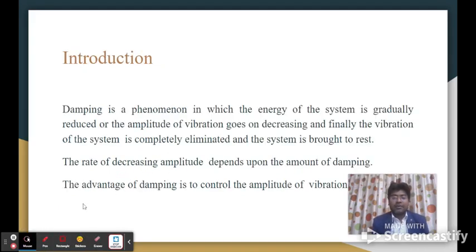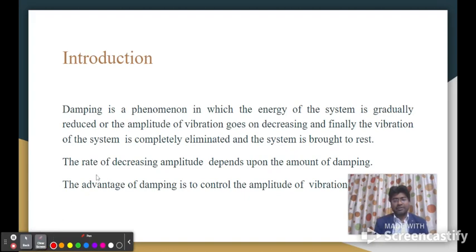Now, introduction. As we have discussed previously, what is vibration? We have discussed it in the previous lectures. In that, I have just given a hint about damping. Anything which opposes the motion is known as damping.